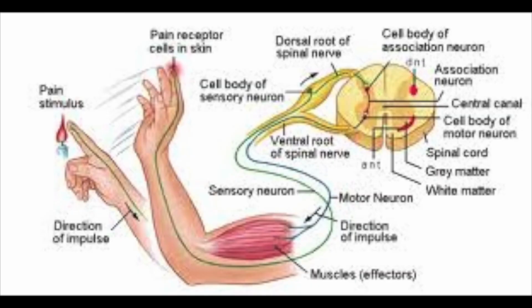And having a spinal reflex where the action is controlled by a reflex which takes place via a relay neuron in the spine just makes it a lot quicker and saves the fingers from getting burned.